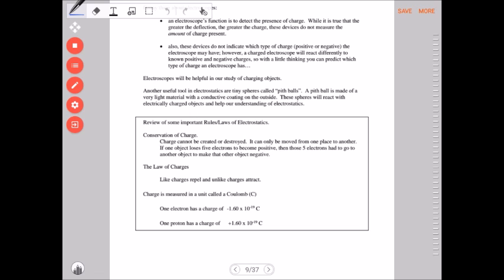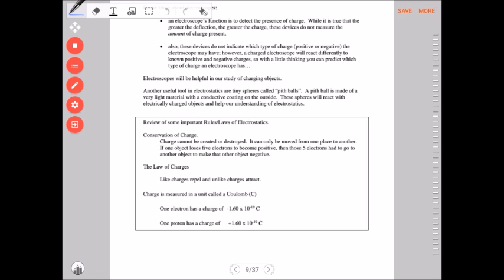All right. The law of charges, remember, like charges repel, unlike charges attract. And now charge is measured in a unit called the coulomb. The unit for that is a capital C. And 1 electron has the charge of negative 1.60 times 10 to the negative 19 coulombs. And 1 proton has a charge of positive 1.60 times 10 to the negative 19 coulombs.